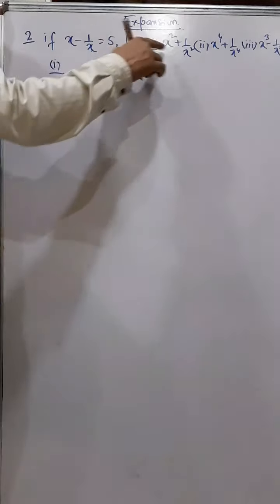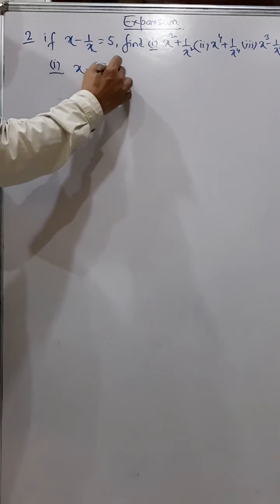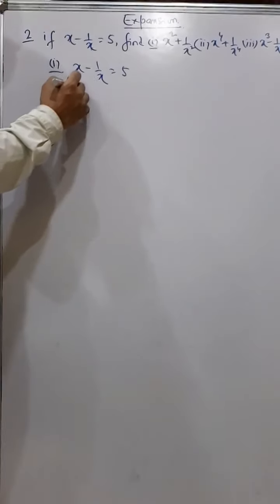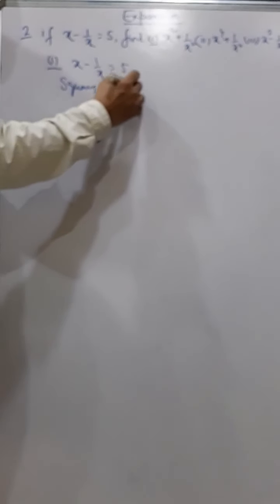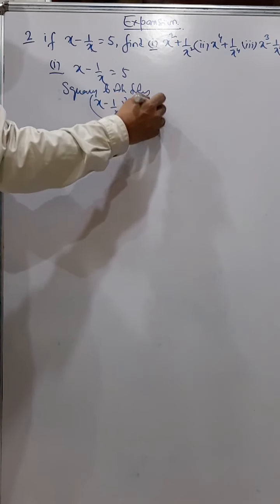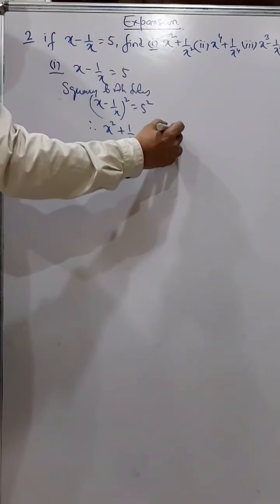Okay, so number 1: we have to find x square plus 1 by x square. You should remember what I told you, that I have to do squaring on both sides. So when I do squaring both sides, I get x minus 1 by x whole square is equal to 5 square, and therefore we will use a minus b whole square, that's a square plus b square minus 2 into a into b.